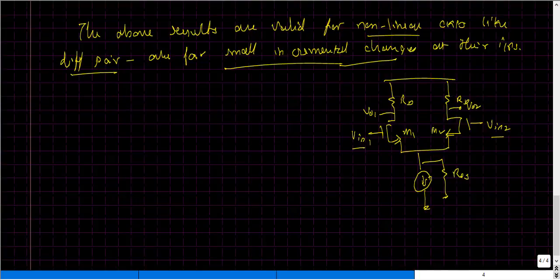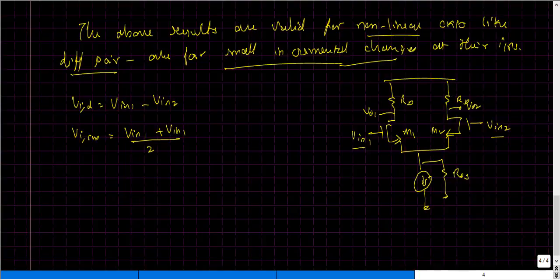The first signal is your differential input signal, which I can write as V1 minus V2. And the second type of input signal is the common mode signal, or input common mode signal, which I can derive from those two input signals just by adding them and then dividing by 2.